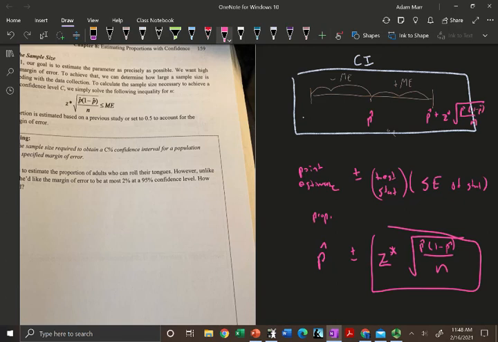And this right here accounts for p hat minus Z star, which is the test statistic, times the standard error, p hat times 1 minus p hat all over n, okay? So I just want to clear that up for everybody. So this entire thing from there to there is the confidence interval. All right, so let's do it.